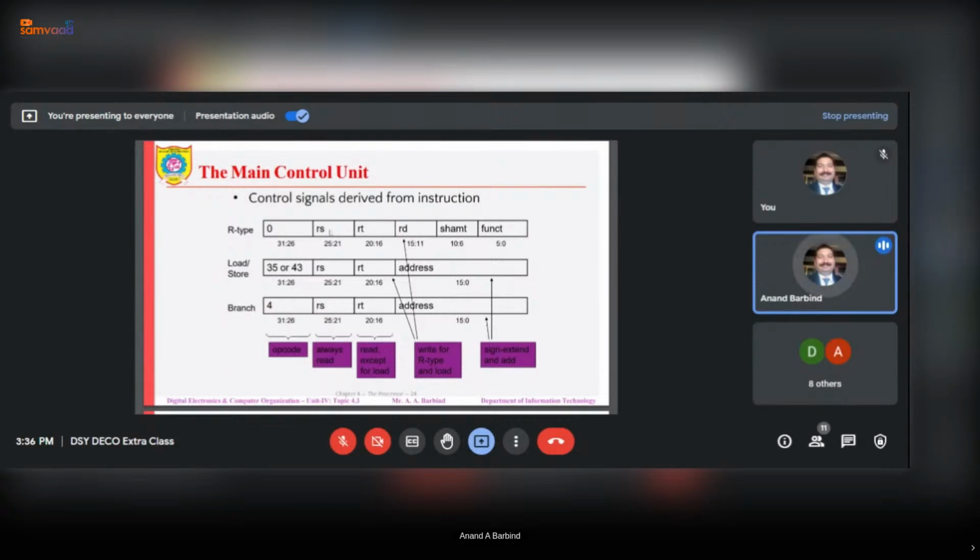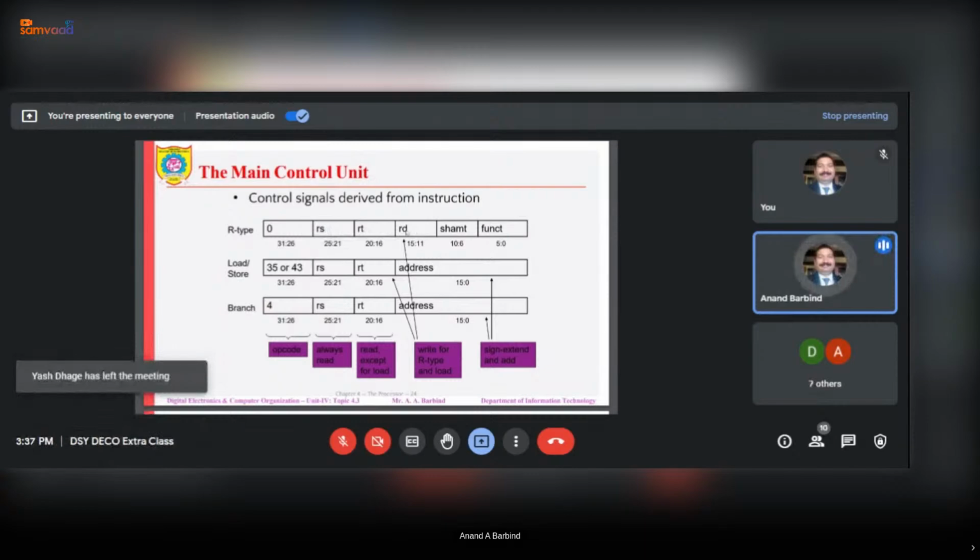With 5 bits, how many combinations of zeros and ones can you make? The combinations will be 2 to the power 5. Each bit can be either 0 or 1. So 2 to the power 5, that is 32 combinations. So one of the 32 registers will be selected by each of these register fields.